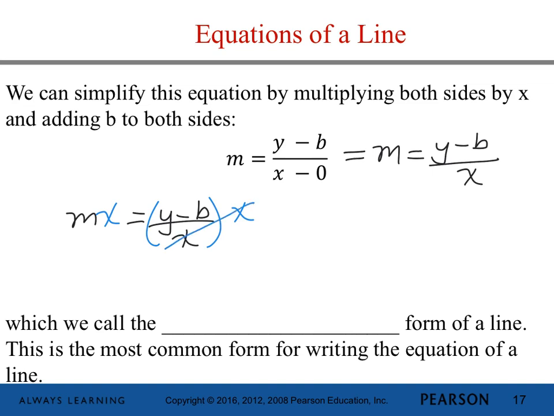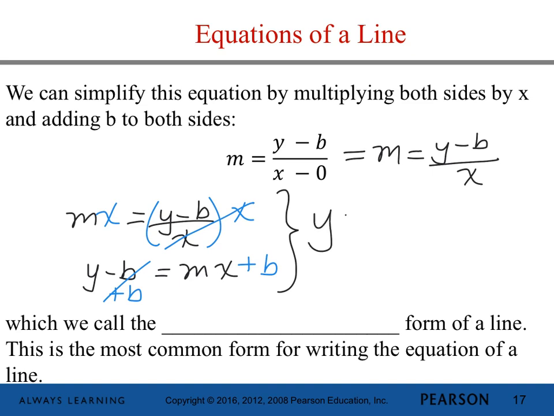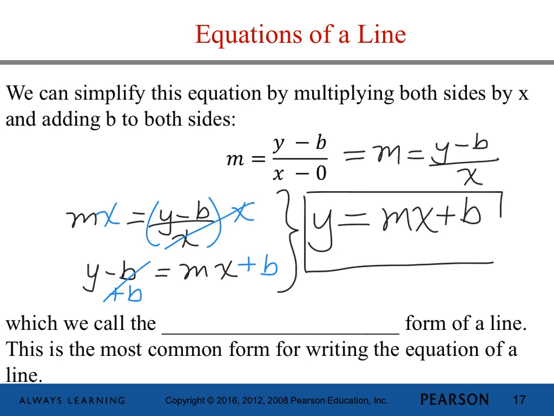And so that leaves us with y minus b equals mx. Add b to both sides. And that gives us y equals mx plus b. I don't expect you to know how to derive that formula, but I want you to understand where it came from.